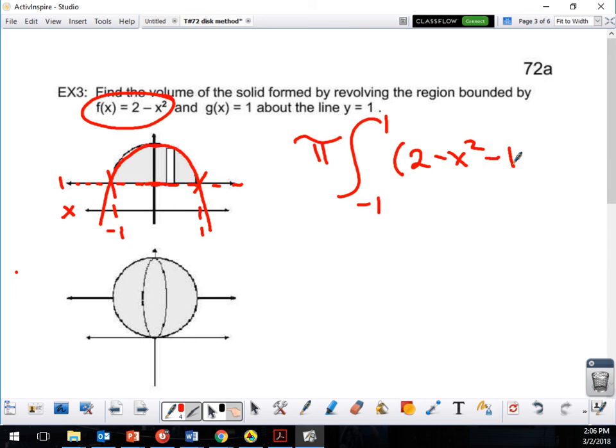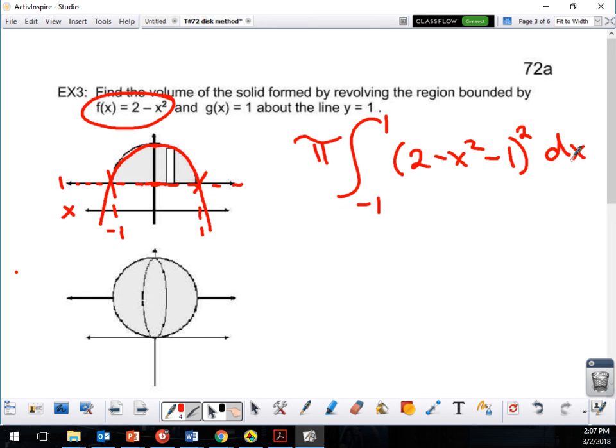Because it's the radius: it's my top minus this right here, minus the 1 because it goes up 1. So minus the 1 since I moved it up 1. What if I moved it down? I would add 1. Then squared, and then dx.